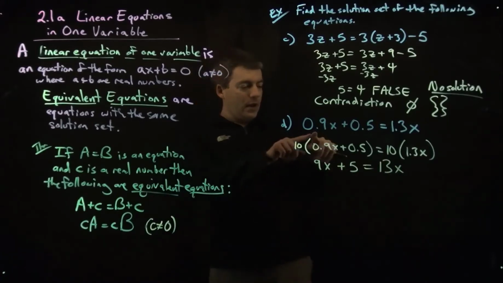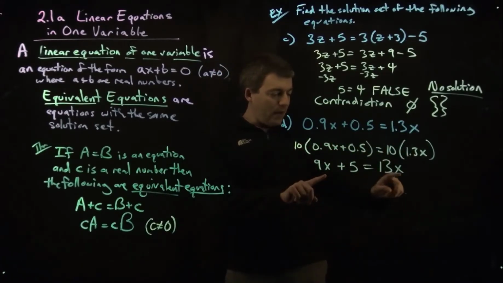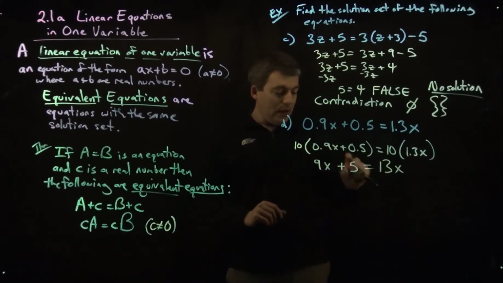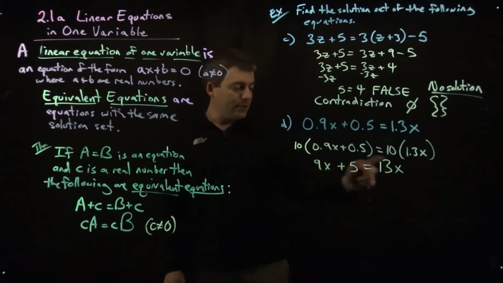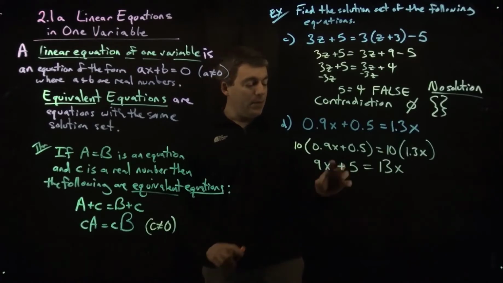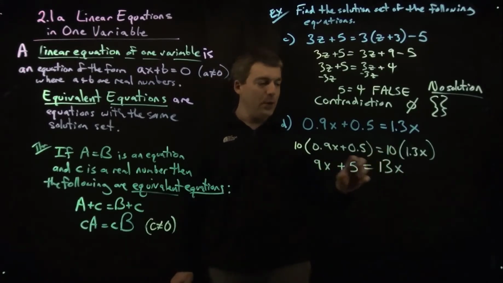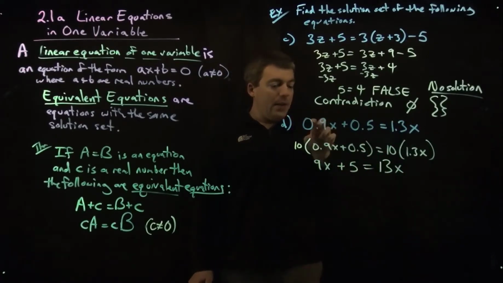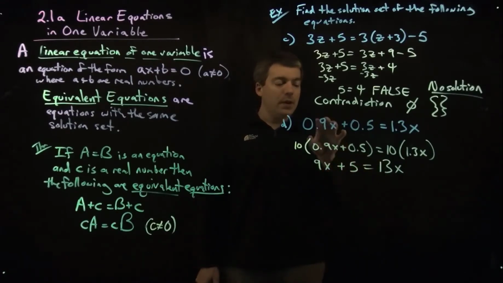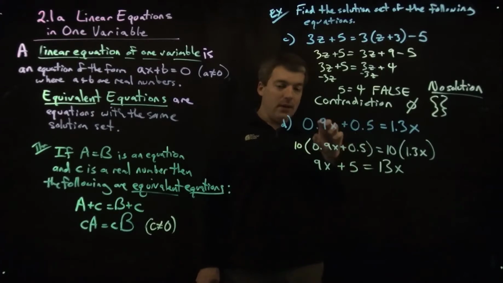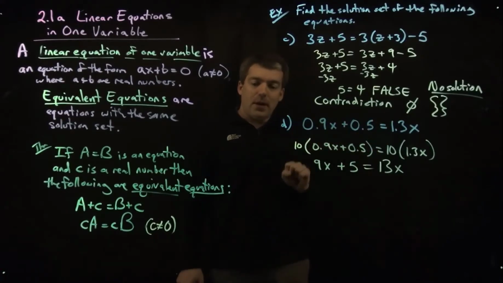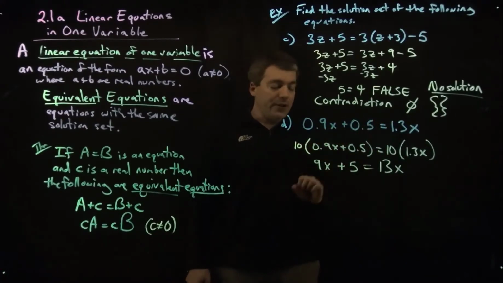So here we had decimals, and here we have just natural number coefficients: 9, 5, and 13. This is a lot easier to work with than this one. This trick also works with linear equations that involve fractions. You can just multiply by the denominator or the least common denominator and clear all the fractions.